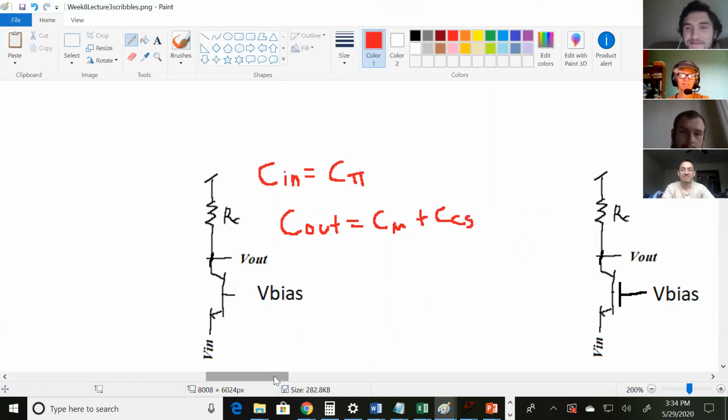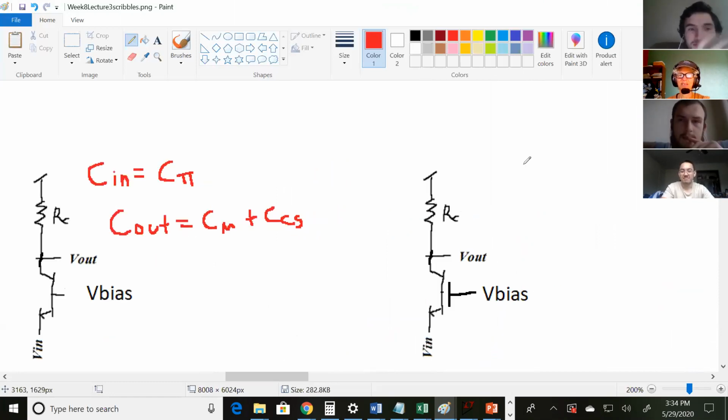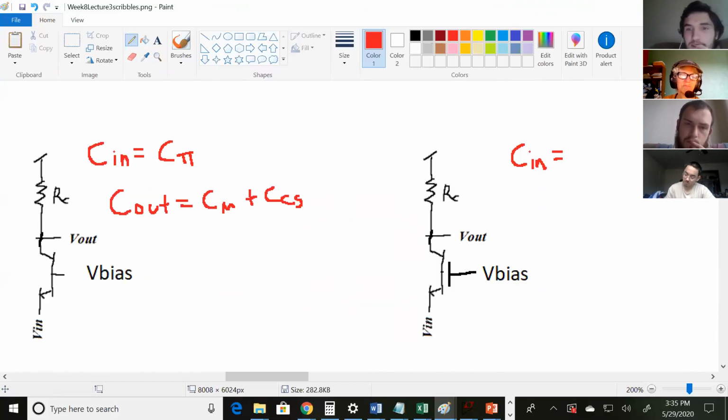Okay, how about C in of the common gate? Oh, okay, common gate. I'm going on theme. I'm going on the pairs because the other ones have little tricks in them.